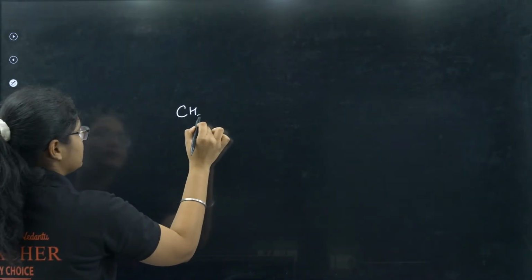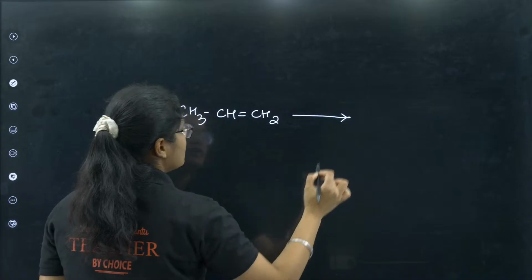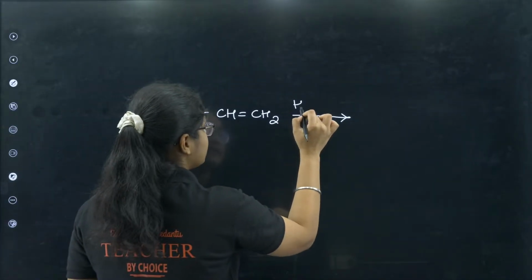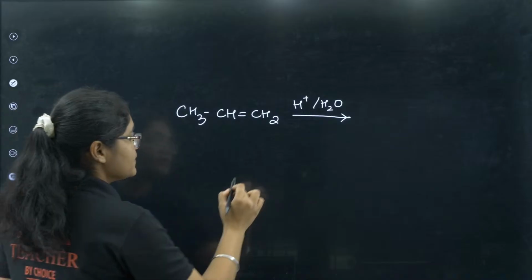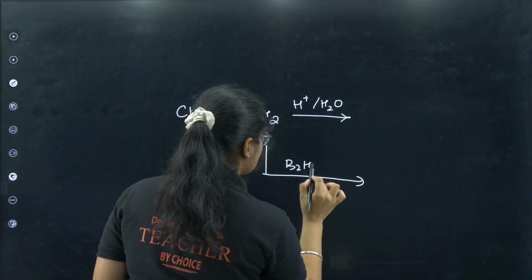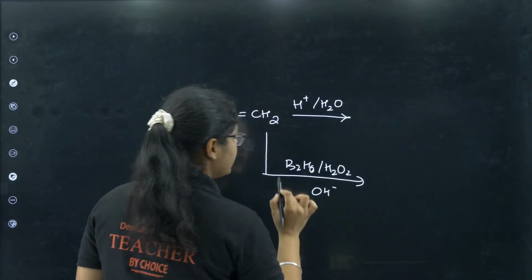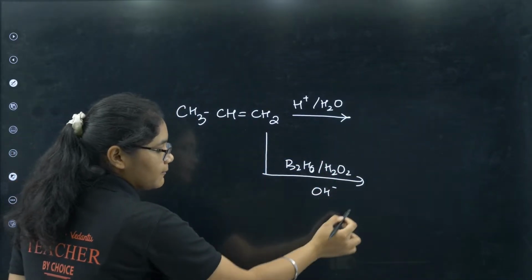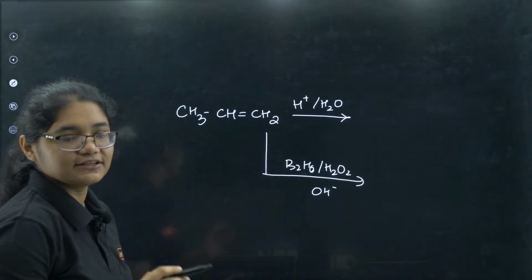If I have propene, and I take water in acidic medium, H+/H2O, and here B2H6 then H2O2, OH-, so this is your hydroboration oxidation reaction, and this is acid catalyzed addition of water.